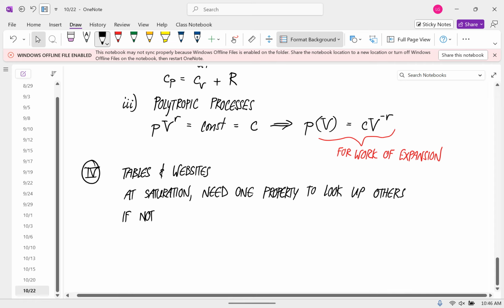If you're not at saturation, you need two properties to look up the others.